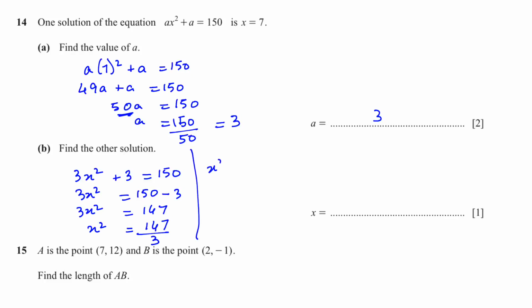And that will give us 49. Therefore, x is equal to plus or minus square root 49, which is plus and minus 7. The positive 7 we have already used, so now our answer is negative 7.